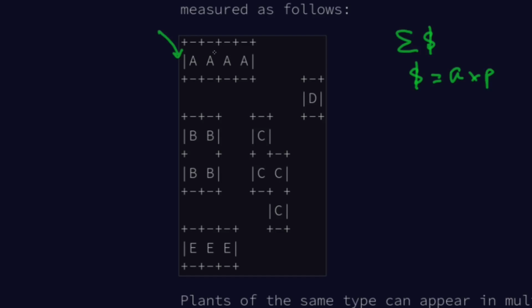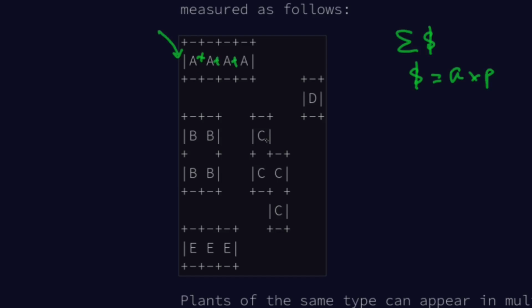For the ones that haven't been part of any group and we haven't visited, we check if the plant in that position is the same as the one before. If it is, we include it in the group. So we add this to the group, and then we recursively do the same thing, so it will expand to that one and that one.